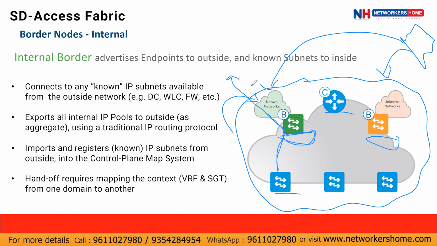Now it depends on the WAN network, how you have defined it. Either this specific border node or this specific site has its own internet access, or every traffic should go via the data center. It depends on how it is designed.